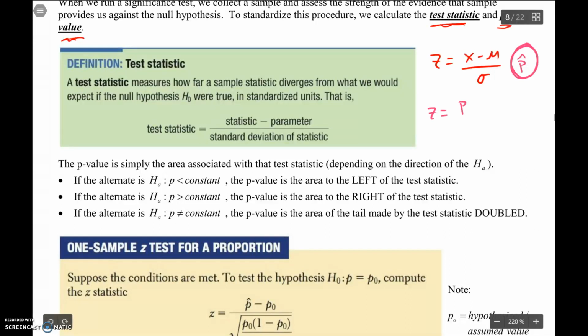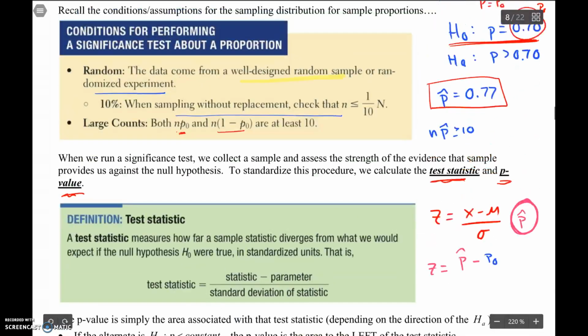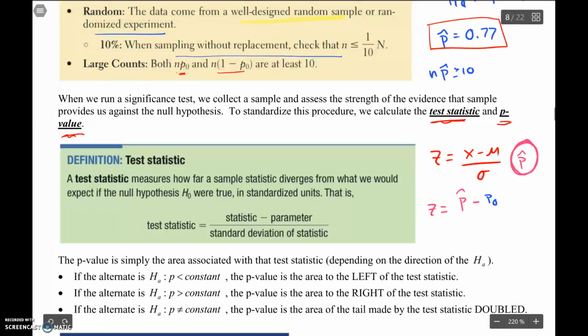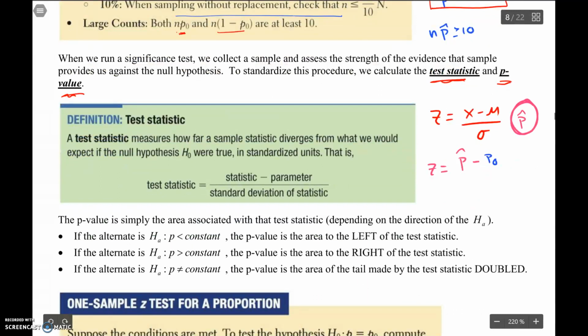We would take our value, that's our x, minus the mean of the sampling distribution of sample proportions. Well, the mean is the true population parameter. In this case, we're hypothesizing that it's 70%, so that's going to be our hypothesized value because we're assuming it's true, divided by the standard deviation of the sampling distribution of p hat.